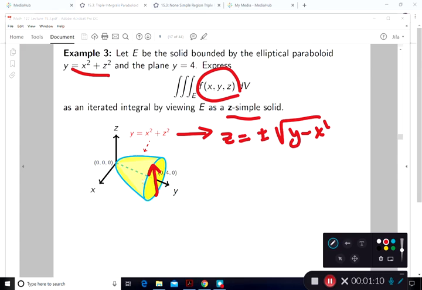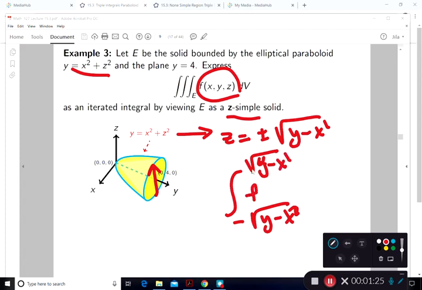So the lower bound is minus the square root of y minus x squared, and the upper is the square root of y minus x squared, with the integrand f of x, y, and z, and then dz in the inner one.